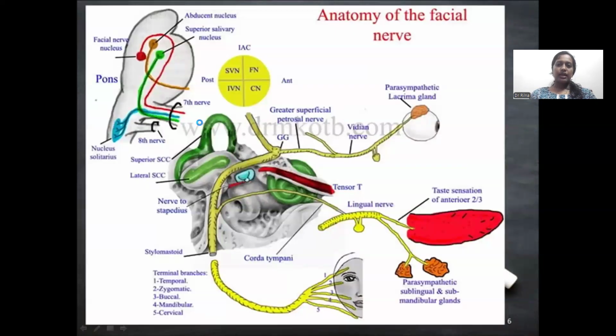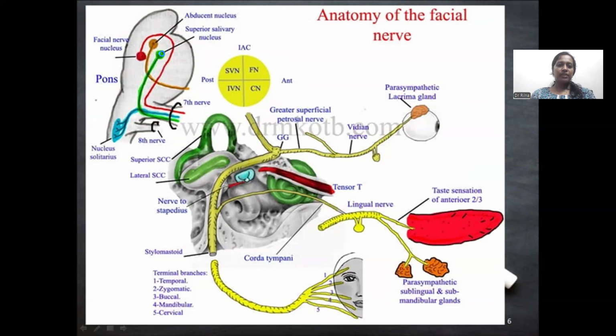You can see in the diagram this is the anatomy of the facial nerve, and here is the region where the facial nerve originates. This is the pons region in the mid part of the brain, and here you can see the superior salivatory nucleus. These are all the nuclei of the facial nerve.